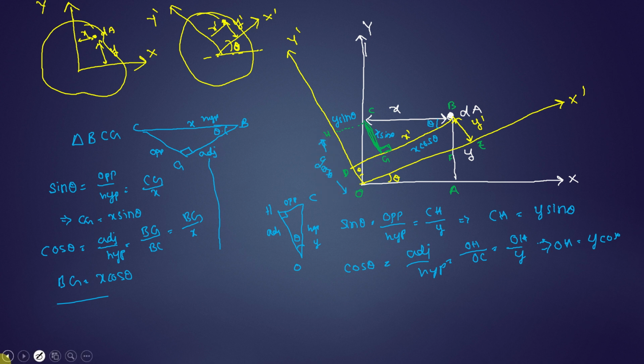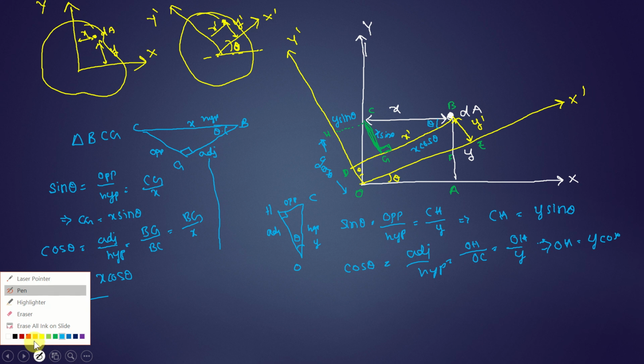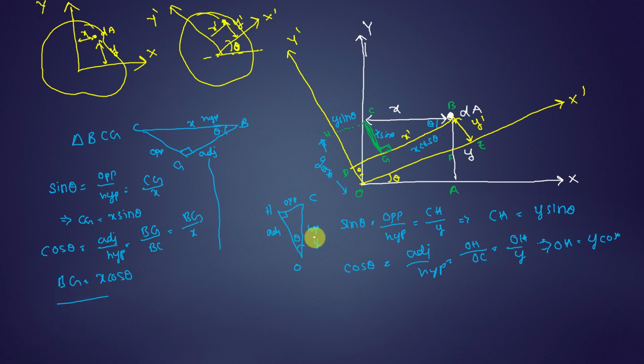So as we have this, we are almost there to find the new coordinates x dash and y dash in terms of the known coordinates of old small x and small y. So what is x dash? The blue and yellow colored line represents x dash, right? So that is y sine theta plus x cos theta. And y dash is here.